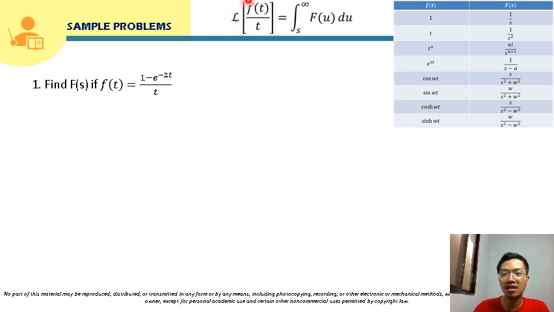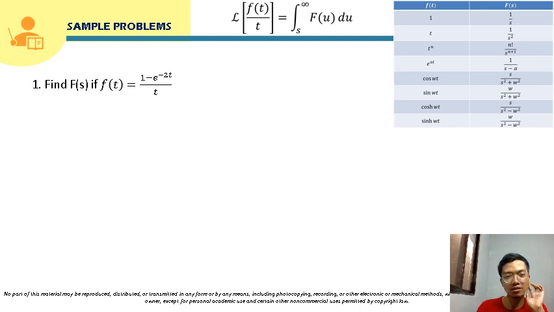Our f of t for this is 1 minus e raised to negative 2t. What we're going to do is solve for the Laplace transform of f of t and express the frequency variable s in terms of u. That will be the F of u, and we will just integrate that with respect to u from s to infinity.